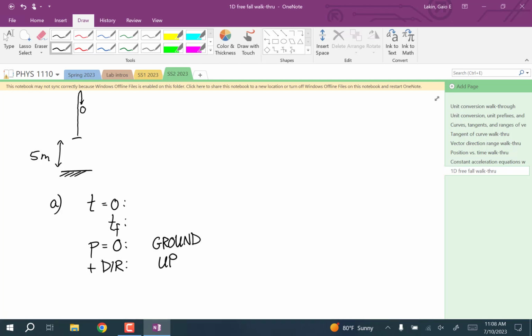Okay, now pause the video for a second and see if you can make the two choices of the instance for time equals 0 and time final. Okay, well, time equals 0 has to be when it's launched because we have a lot of information there. And time final has to be when it reaches the highest point because that's where we're looking for information.